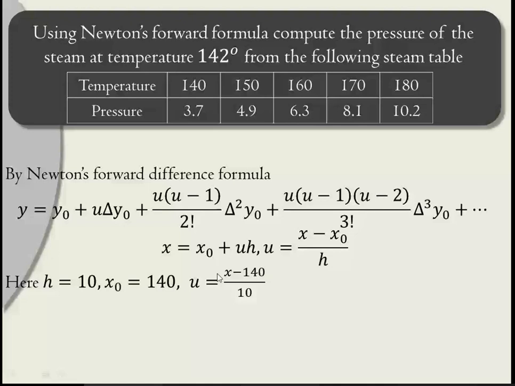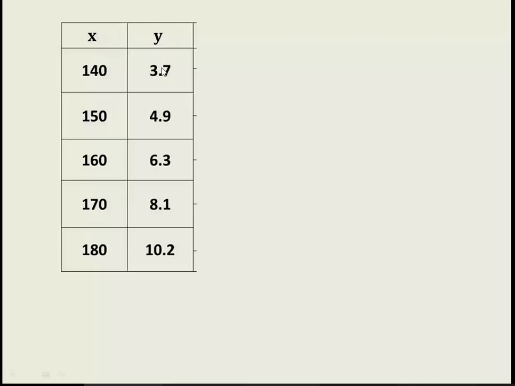These values of delta square, delta cube, we can find by constructing a table. So firstly, construct a table from this. Take temperature as x, take pressure as y, and construct the difference table. There is a very easy way to construct that table. Taking these x values and y values, just take the subtraction of two values: the next value minus the previous value.